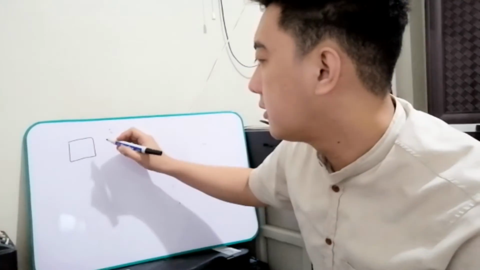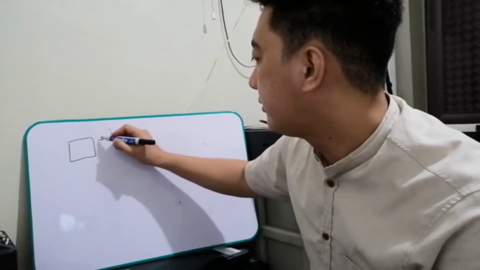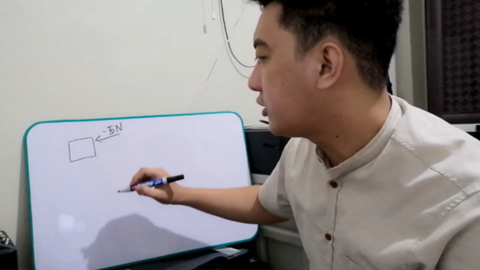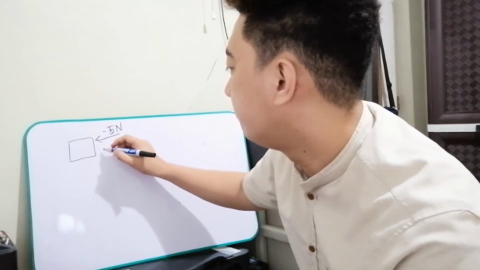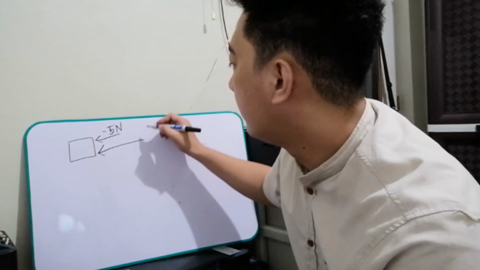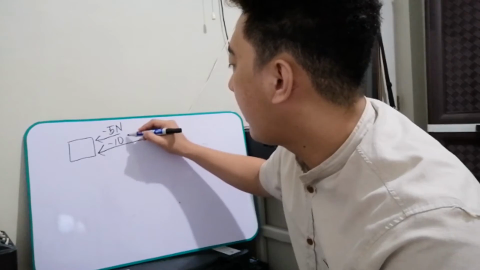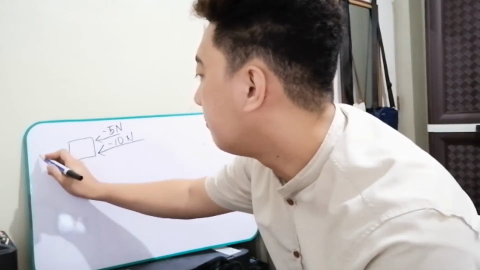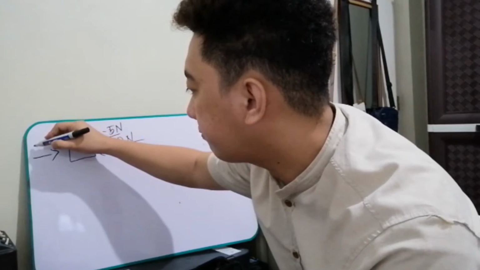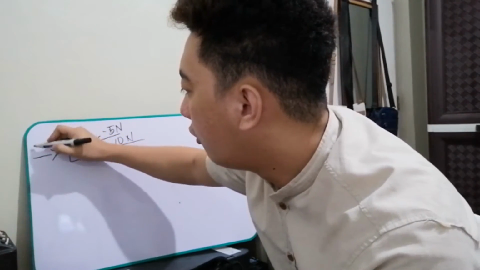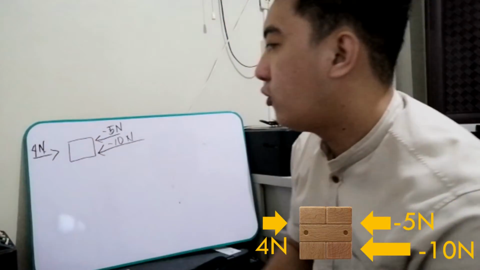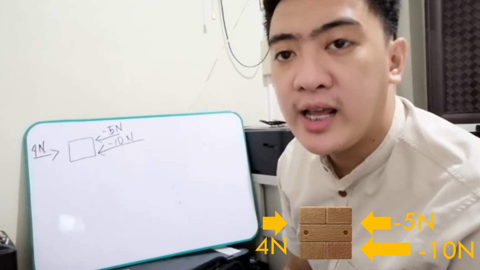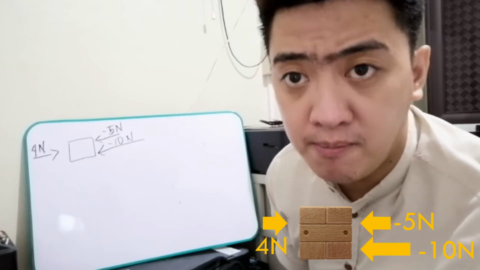So may box and we exert negative 5 newtons force to the left and another negative 10 newtons force to the left din, and on this side meron naman ditong positive 4 newtons force. So now let us determine the net force and the equilibrant force if it is unbalanced.